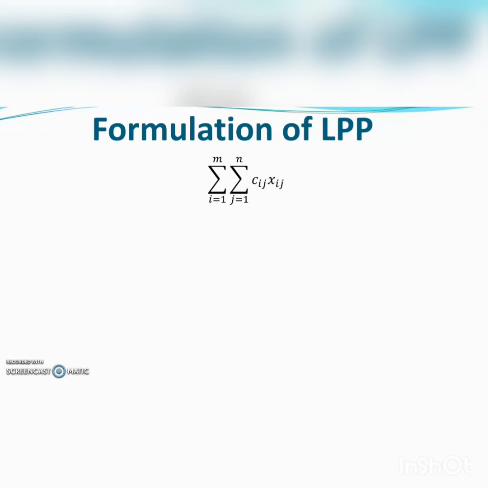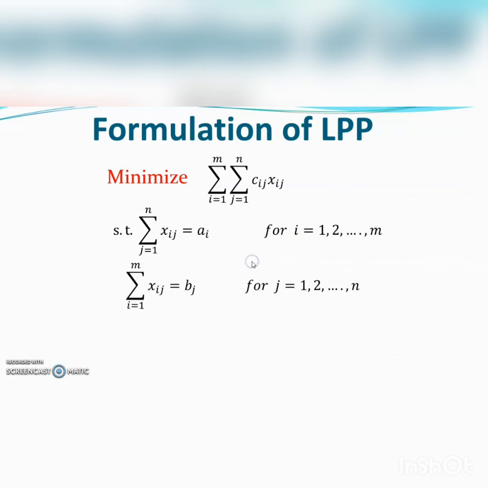That is, we have to minimize the value of this function subject to the constraint equations: summation of xij over j equal to 1 to n is equal to ai for i equal to 1, 2, 3 up to m, and summation of xij over i is equal to bj for j equal to 1, 2 up to n, with the non-negativity restrictions xij greater than or equal to 0 for all i, j.